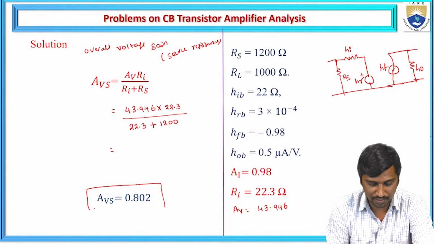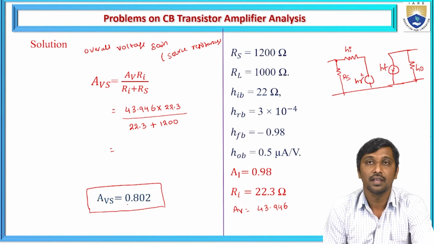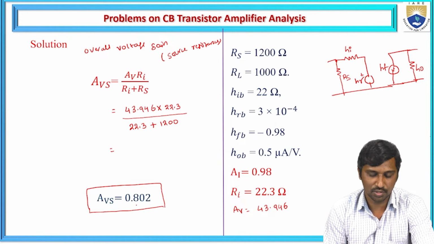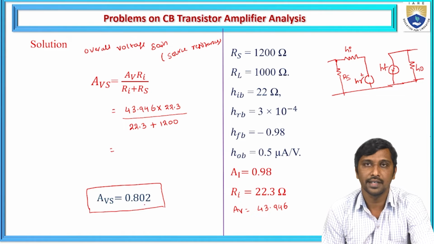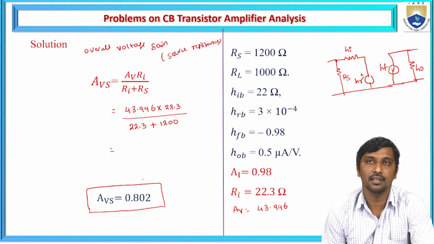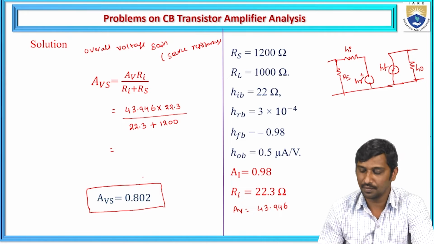When you are considering the source resistance, the overall voltage gain is reduced from 43.946 to 0.802. So this is the overall voltage gain in a common base configuration.